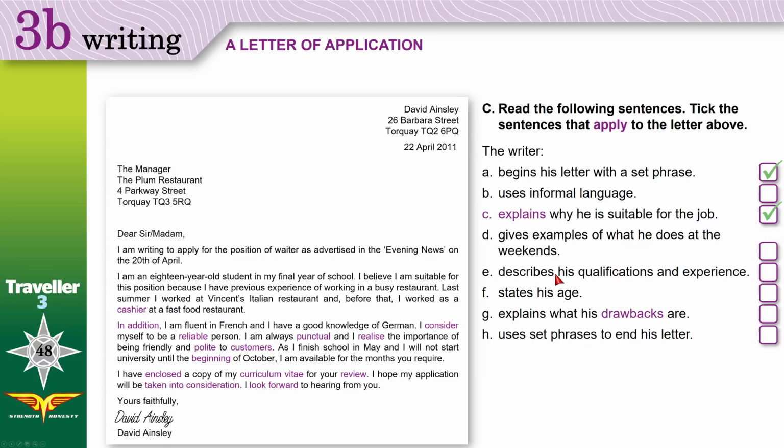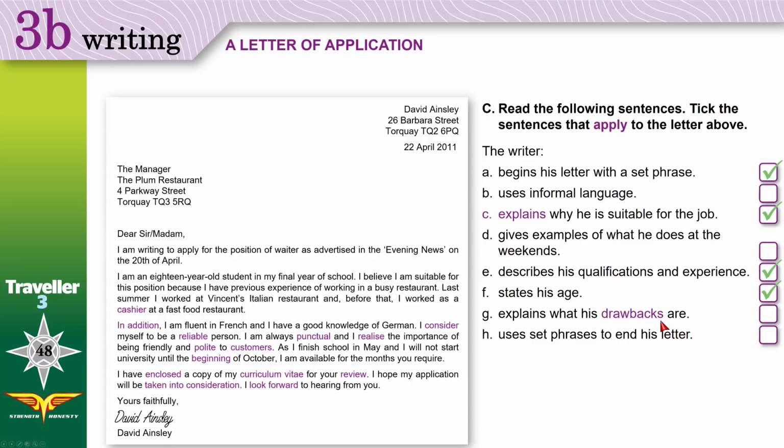He describes his qualifications and experience. Of course, he has previous experience. He is polite and punctual. These are qualities, qualifications. He states his age. Yes, he is an 18-year-old student. He explains what his drawbacks are.